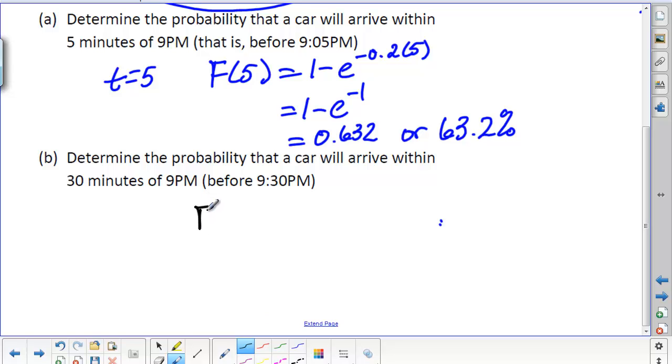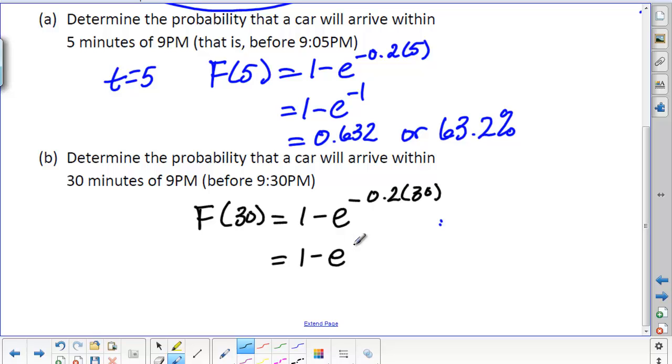again here, 30 minutes, f of 30 is 1 minus e to the negative 0.2 times 30. You can run that through your calculator. You're going to get 1 minus e to the negative 6.